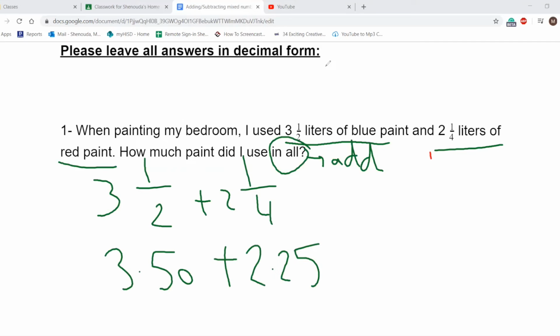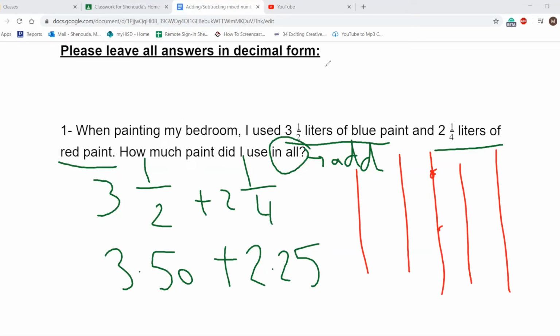When you do the place value chart, start with the decimal point, and then you can fill in the rest of the columns. In this case, we have 3 in the ones place, 5 in the tenths place, 0 in the hundredths place, and we have 2 in the ones, 2 in the tenths, and 5 in the hundredths.